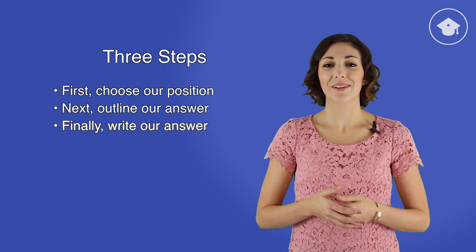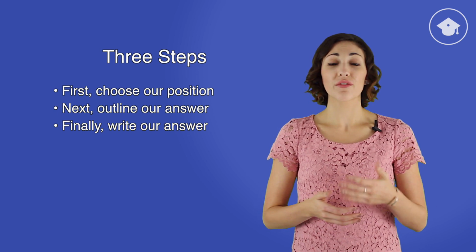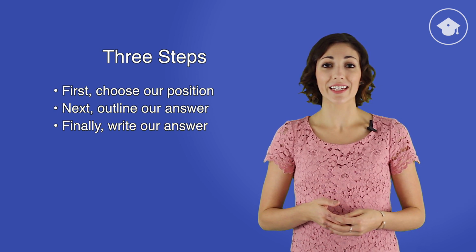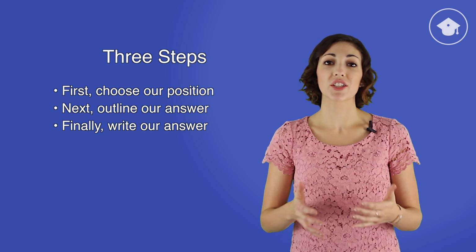Finally, write your answer. If we do each of these steps carefully, it makes the next one much easier. If we are careful about choosing our answer, we will be ready to write a good outline. And if we write a good outline, that will make it easy to write our answer.